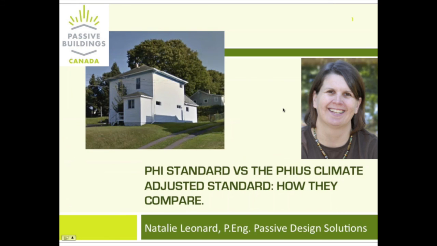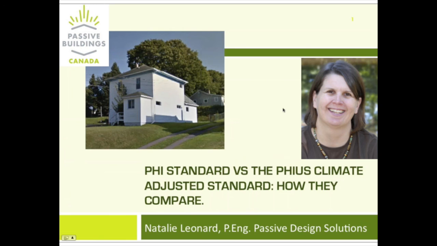We monitored the Hawkins passive house for about 2 years, and it definitely showed that the heat load was quite low in the house, and the electrical usage was higher than this house was certified to in the PHI standard.